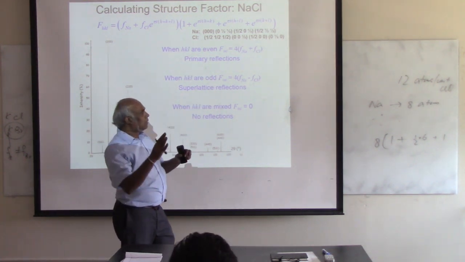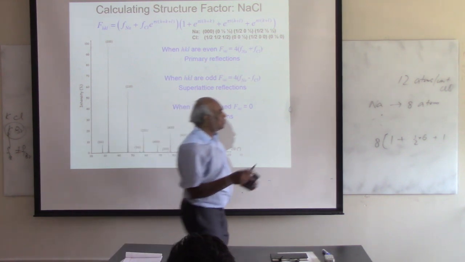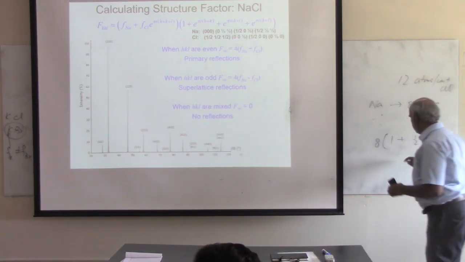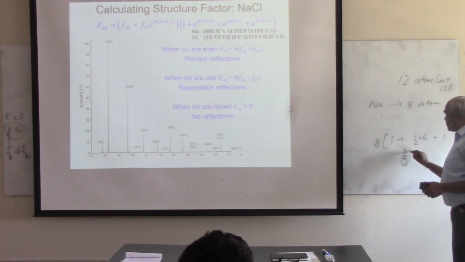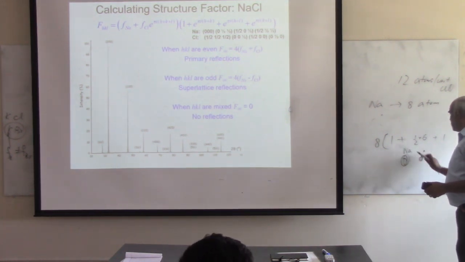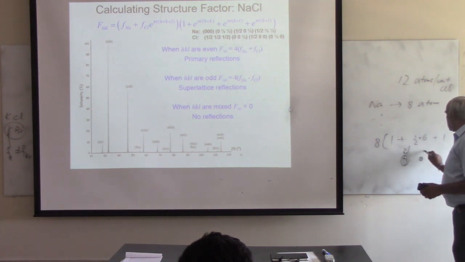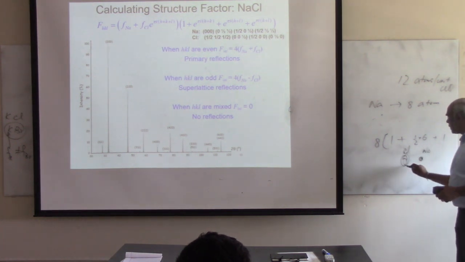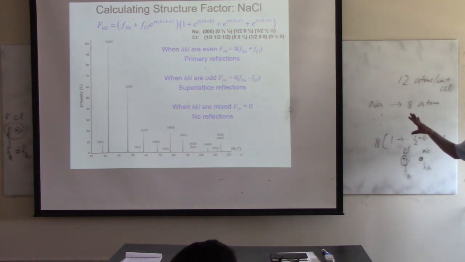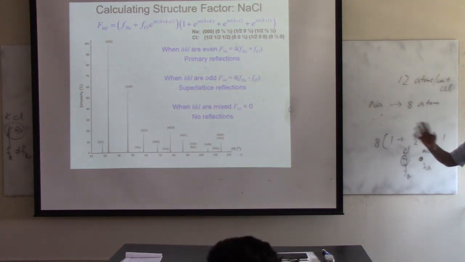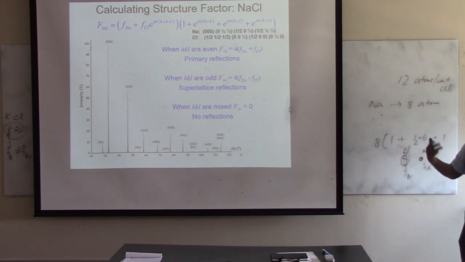Superlattice means they have two different atoms, right? Say, sodium atom and chlorine, which is bigger. They are different, Fa and Fb. So whenever you have a structure that has different atoms, we call it a superlattice.